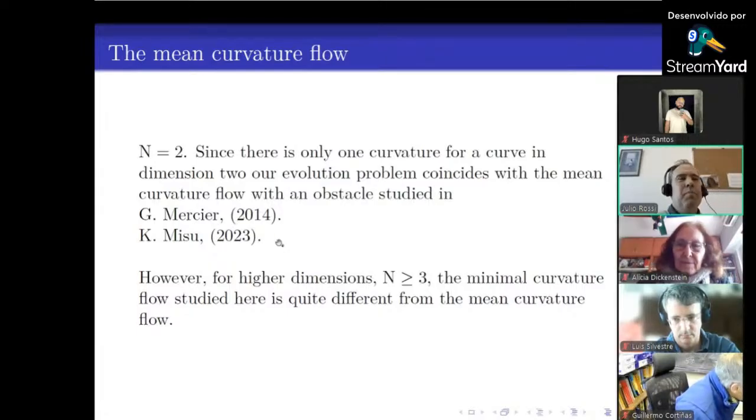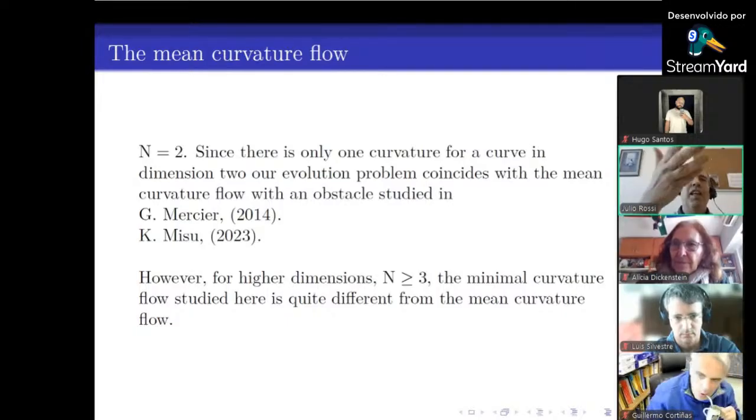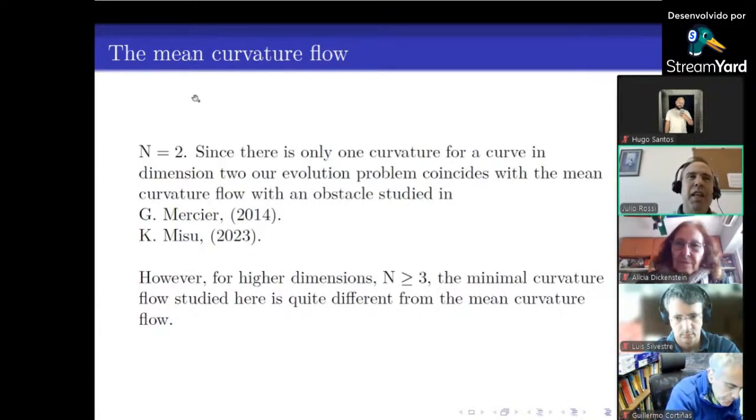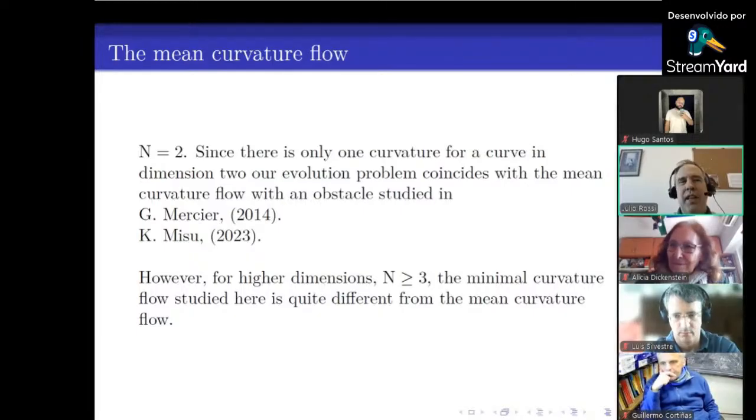And in fact, it was Misu's paper that turned our attention to this kind of problem. But they studied the mean curvature flow with an obstacle, and we studied the minimal curvature flow with an obstacle. But of course, in dimension 2, everything coincides. So our results are relevant, and strongly different from previous results, in dimension bigger or equal than 3.